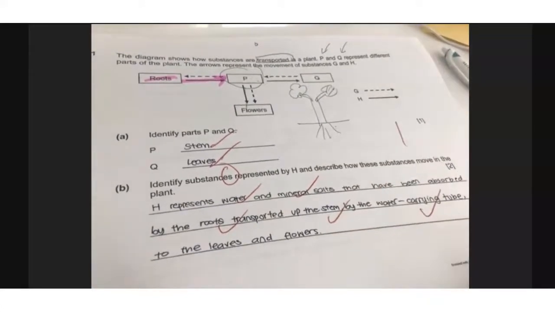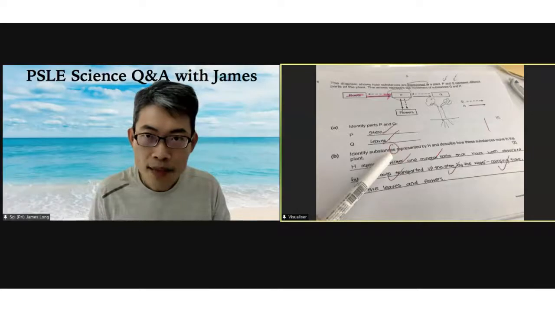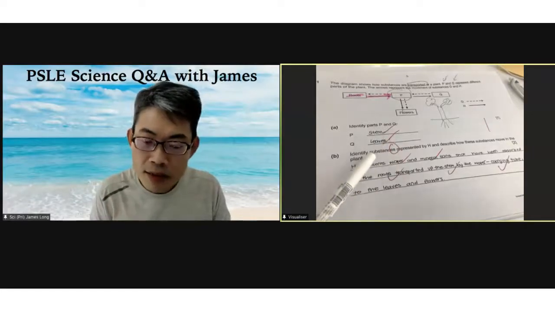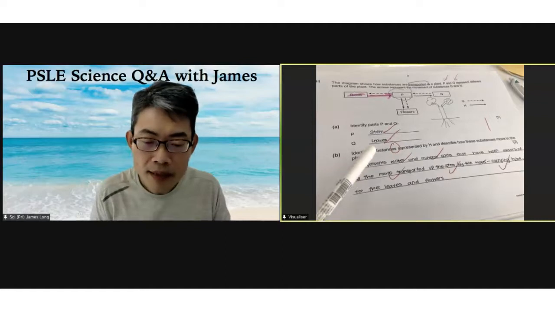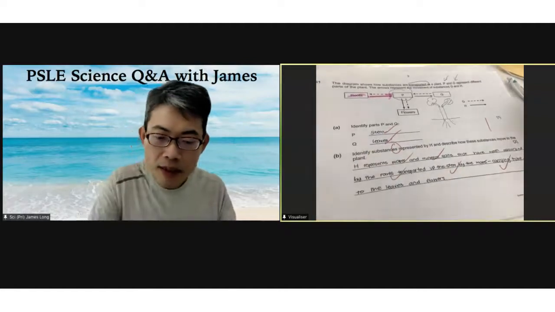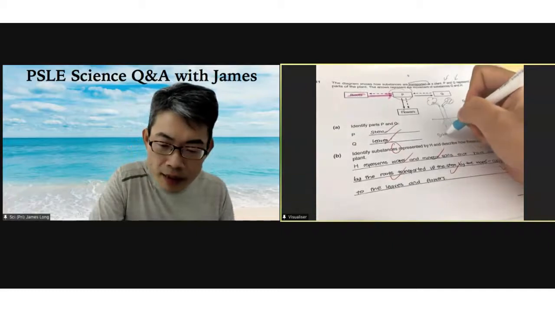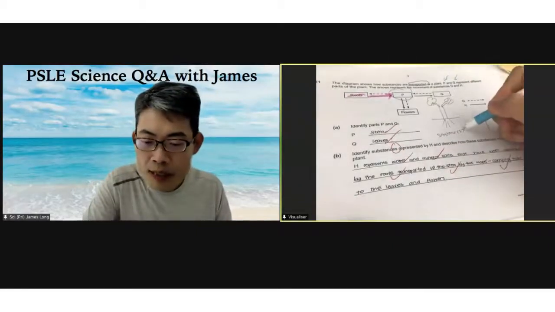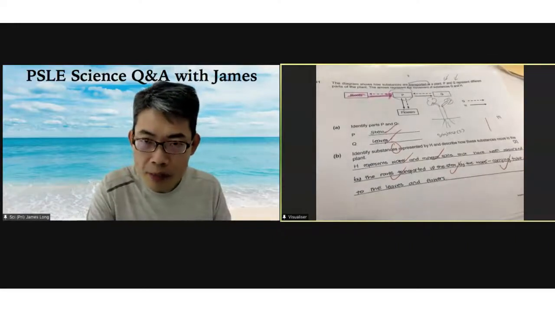Second one. Now, this part here, very important. I will always say this, which is words have meaning. Notice this word is in the plural form. It says substances. It is not written like this, substance, bracket S, which gives you an option whether there's one substance or multiple substances.